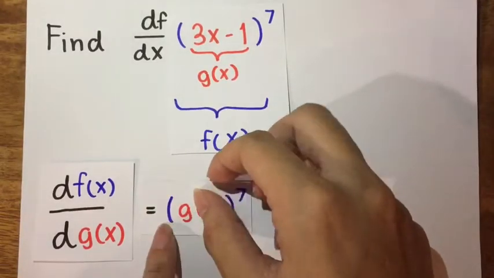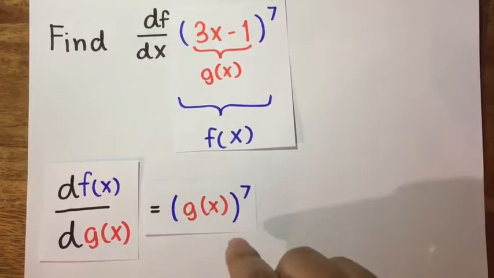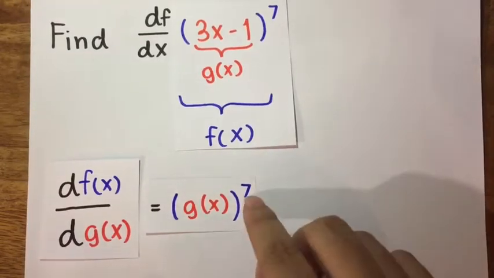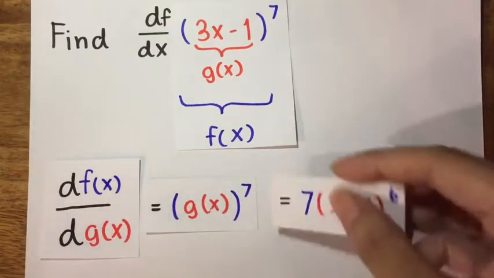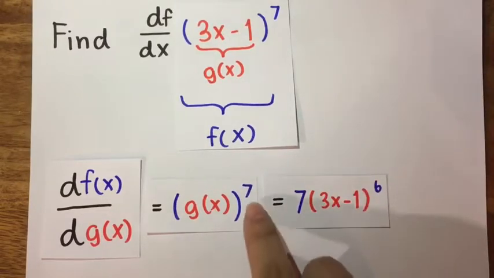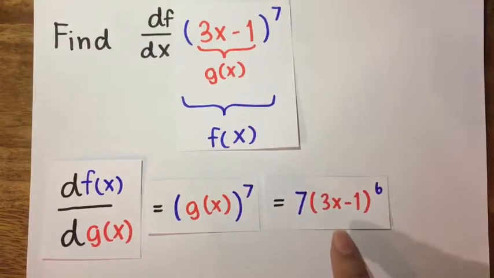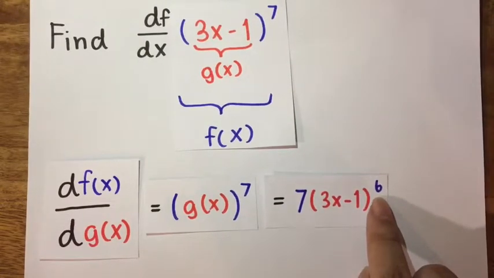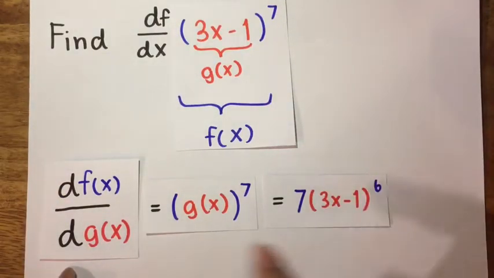So you can look at this as g of x, which is like x to the power of 7. So according to the chain rule, 7 will times to the front and get deducted by 1. So this will be equal to 7 moves to the front, 7, and g of x is 3x minus 1, which is here, 3x minus 1, to the power of 6, which is 7 minus 1.